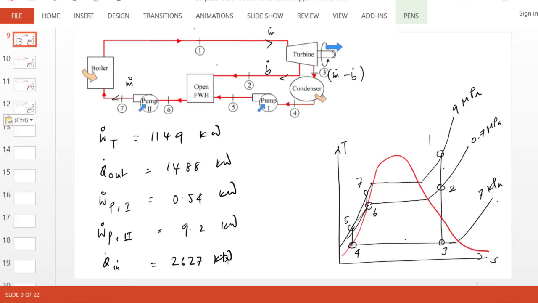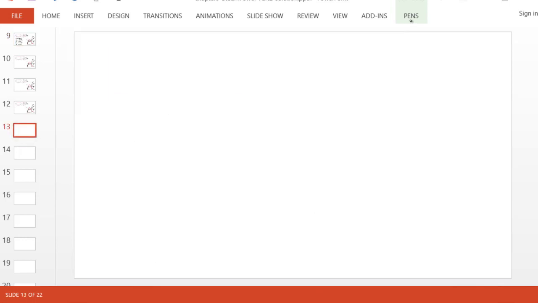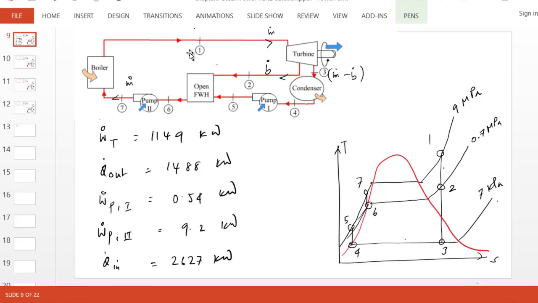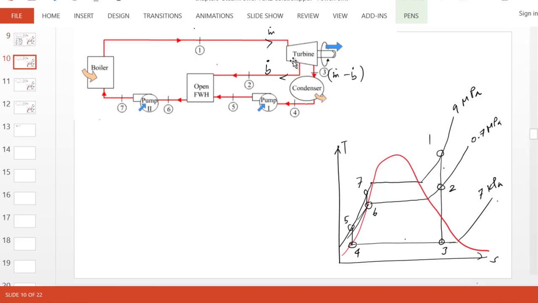Well, in this case, the net work turns out to be what the turbine produces minus what the pumps consume.